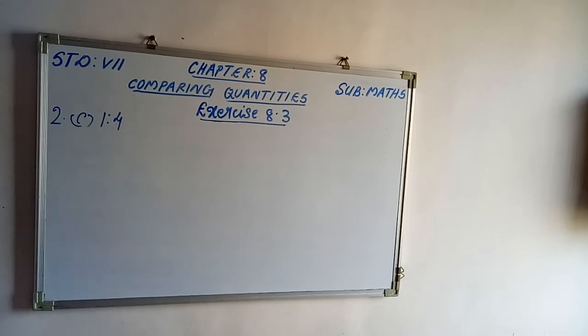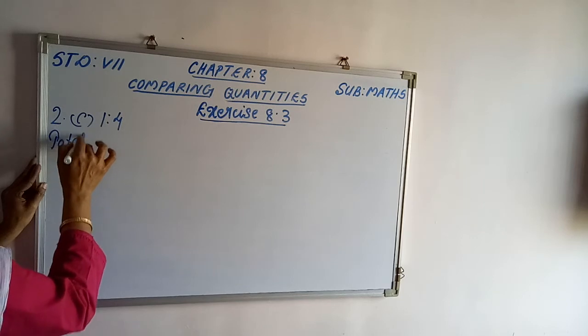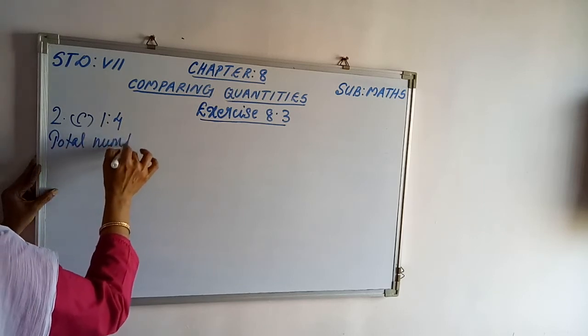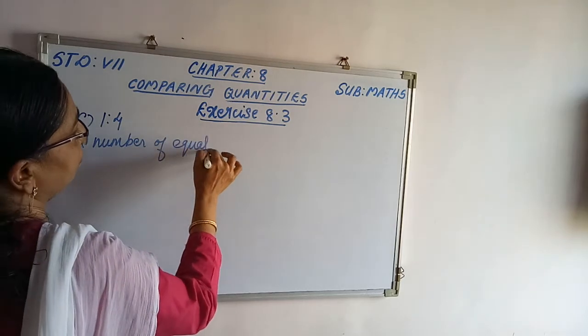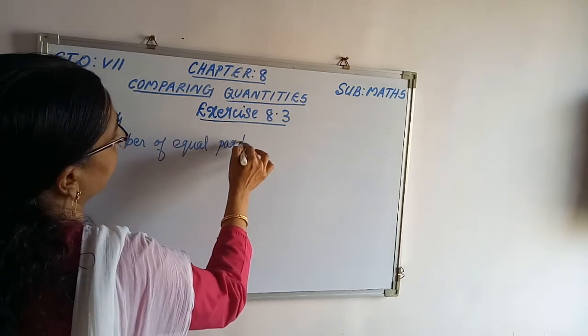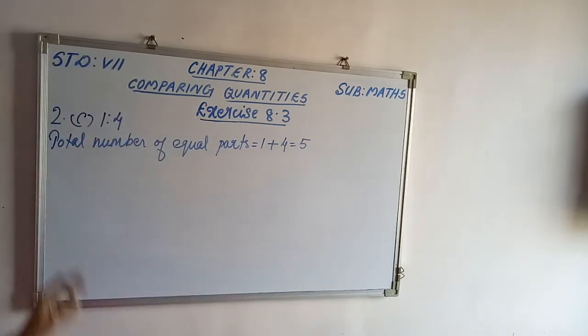Now in C, 1 is to 4. So first what will you write? Total number of equal parts. 1 plus 4, that's equal to 5. Isn't it? Next, the fraction of the first part of the ratio, 1 upon 5.